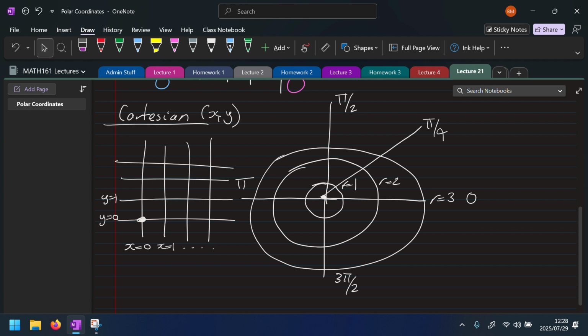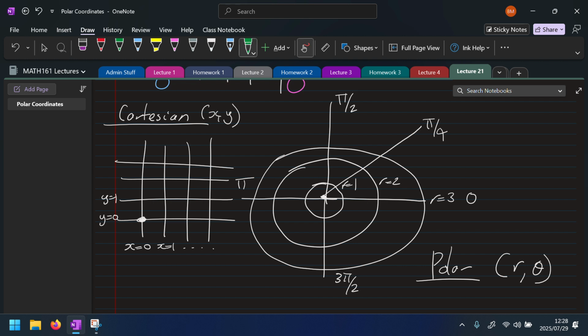Now, any points in this system will be labeled by the radius from the center. So on which circle are you on? Which radius do you have? And secondly, what is your angle from that horizontal? So here in polar coordinates, we use r and theta. The first part is your distance from the center, and the second part is the angle that it makes with that horizontal line.